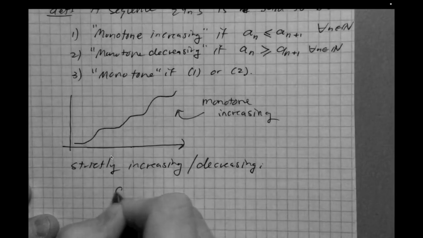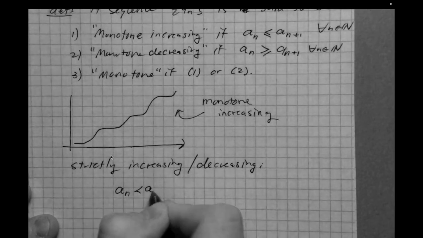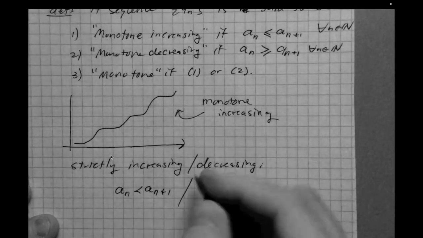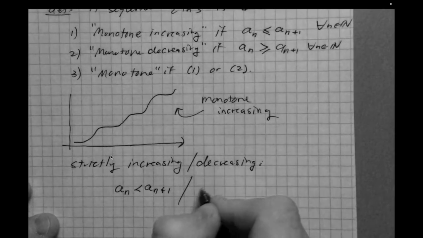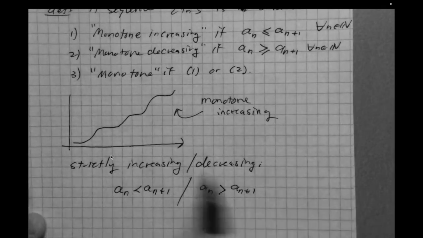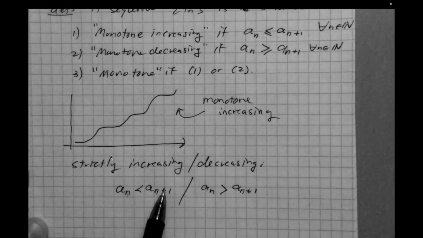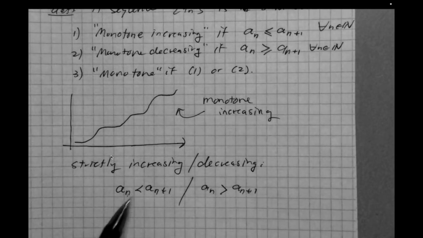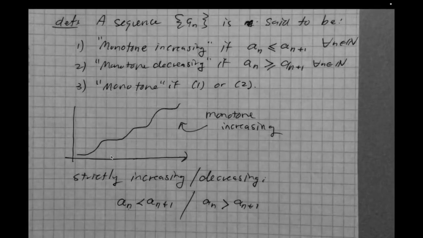Strictly increasing means that a sub n is less than a sub n plus 1, and strictly decreasing means that a sub n is greater than a sub n plus 1. Meaning that each successive term is never equal, either larger or, in the case of decreasing, smaller. And this is what we mean by a monotone sequence.